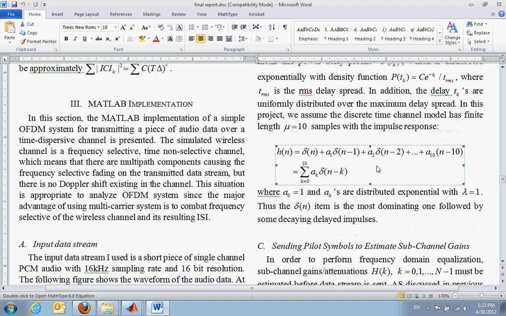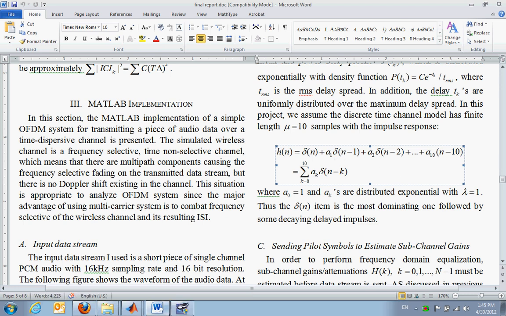Here is the discrete time impulse response of my simulated channel. It has the maximum delay spread of 10 samples, which is equal to my cyclic prefix length, and each delayed pulse has a channel gain, which is distributed exponentially with lambda equal to 1.